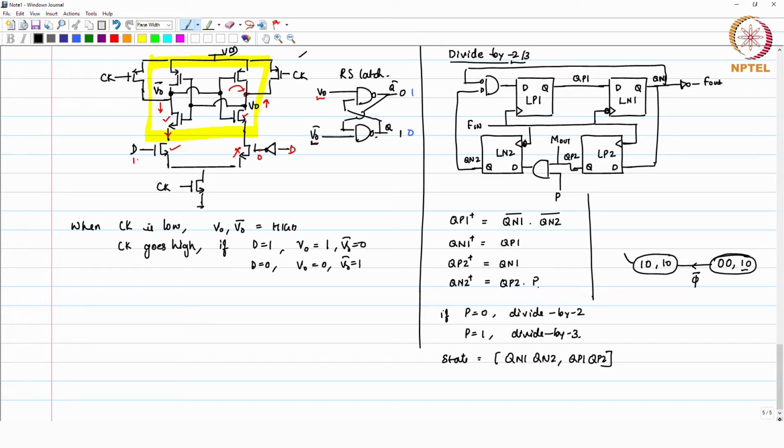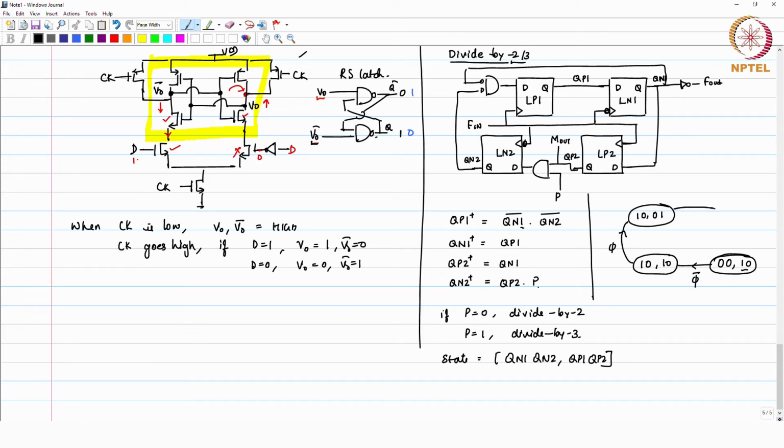Then, after the falling edge, at the rising edge, which is phi, Qn1 and Qn2 remain the same, it is the time for Qp1. So, what you see is Qp1 plus is Qn1 bar times Qn2 bar, Qn1 and Qn2, this is 1 or 0. So, it will remain 0, this will become 0, and Qp2 is Qn1, which is 1.